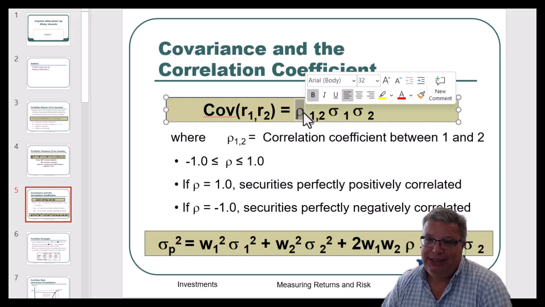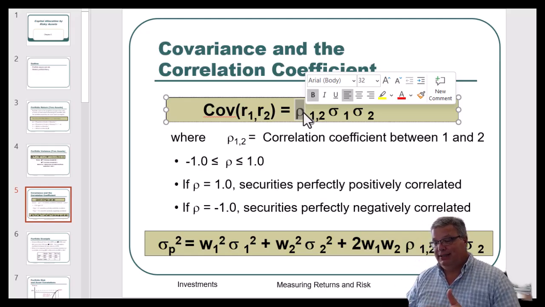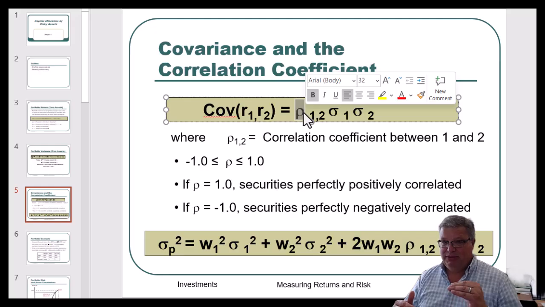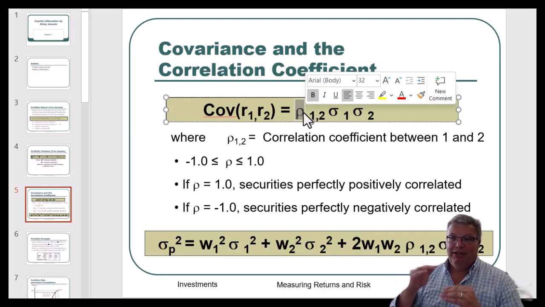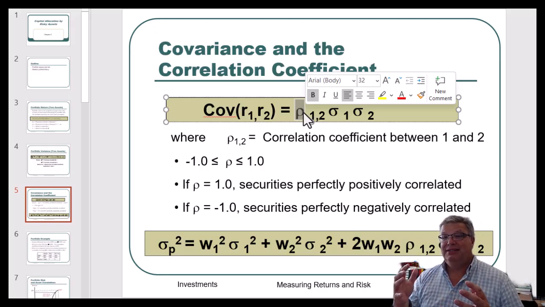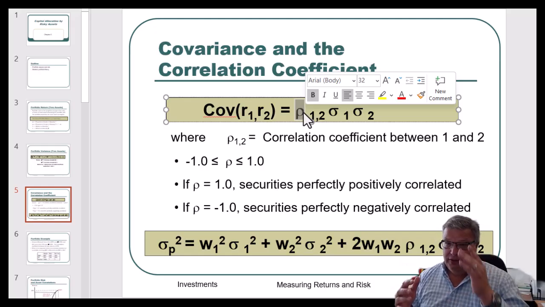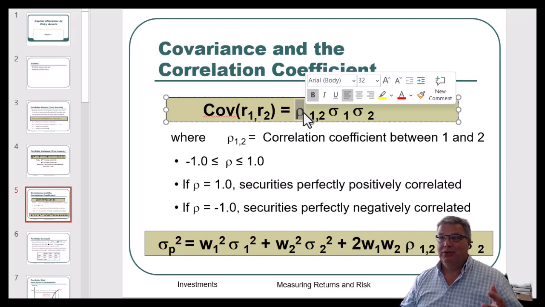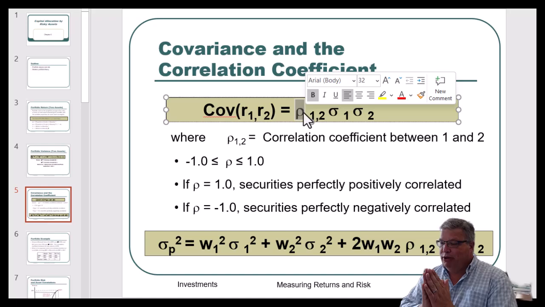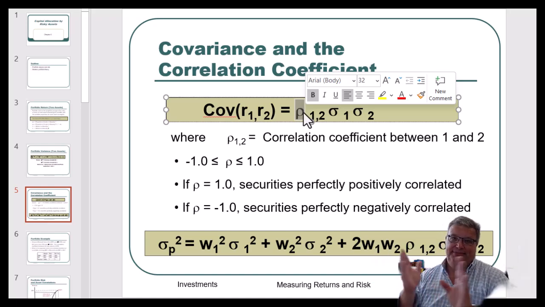It's kind of like covariance, and it's how 2 securities move together. But mathematically, it's actually a number between -1 and 1. And that makes it easy to understand how 2 stocks move together. If I tell you these two stocks have a correlation coefficient of -1, you know they move in perfectly opposite directions all the time.